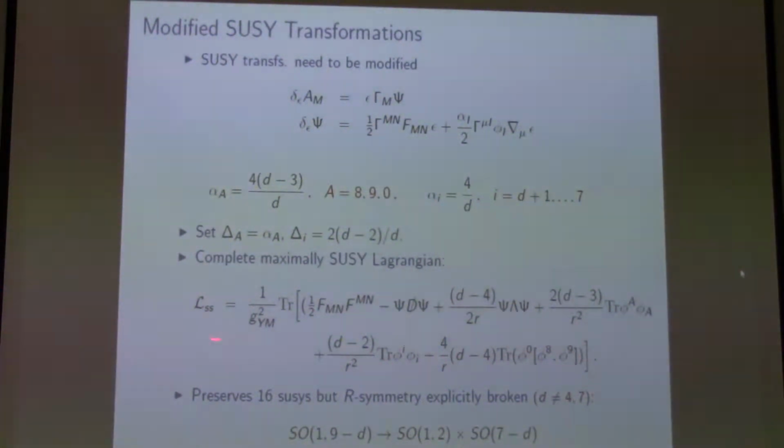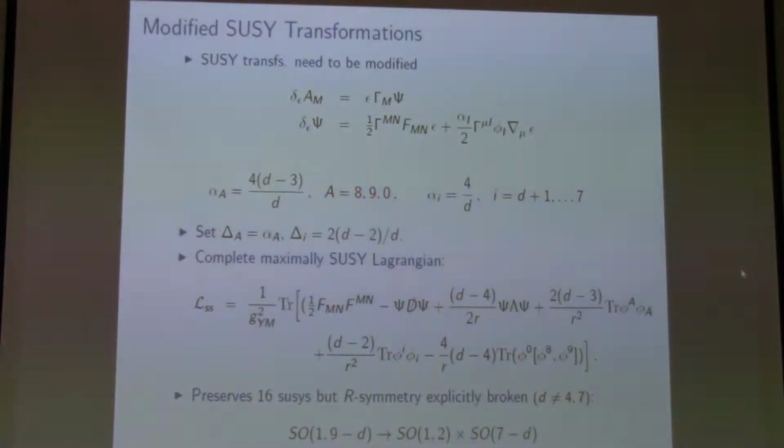And you can see that we preserve 16 supersymmetries by doing this, but the R symmetry is explicitly broken unless D is equal to 4 or 7. In D equals 4, remember, N equals 4 maximally supersymmetric super Yang-Mills has an SO(6) R symmetry. Well, that's still preserved, because if D is equal to 4, you can see that this coefficient is the same as this coefficient, and this term is 0.